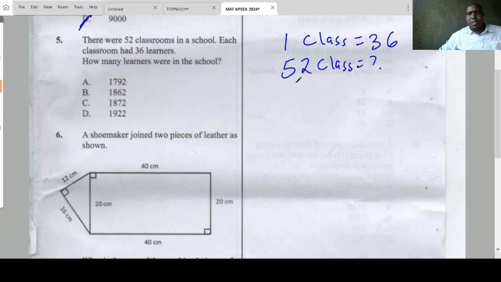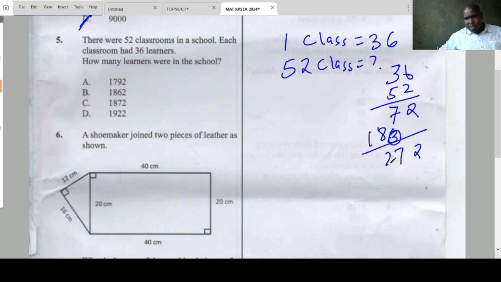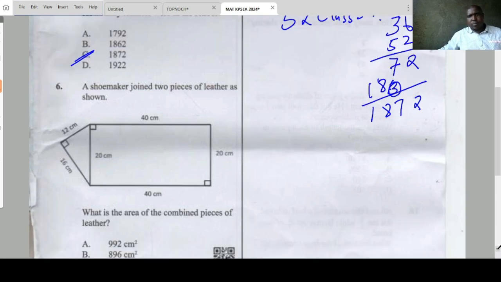So it is 52 times 36. 12, 6, 7, 30, 0 carry 3, 18. So this is 2, 7, 8, 1. So the answer is the learners will be 1872.